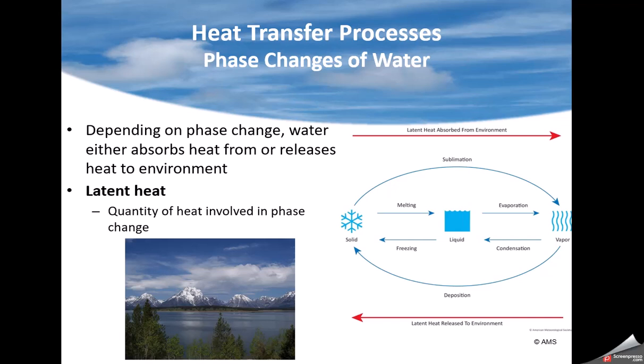Let's say you want to make water vapor out of a liquid like an ocean or a lake. Well, the lake absorbs the heat and evaporation occurs. So it had to absorb heat in order to make the water vapor. So all this heat is being exchanged every time in the atmosphere.